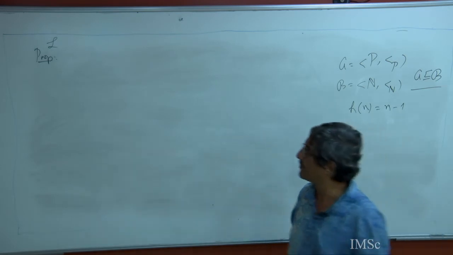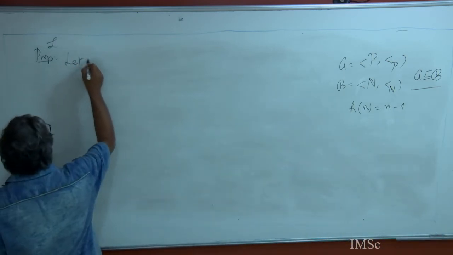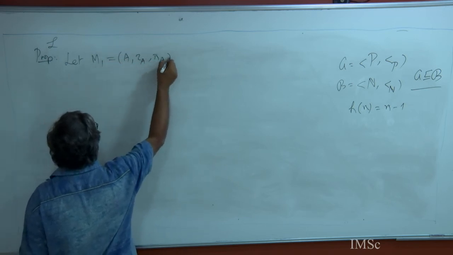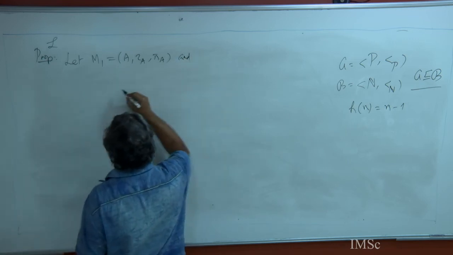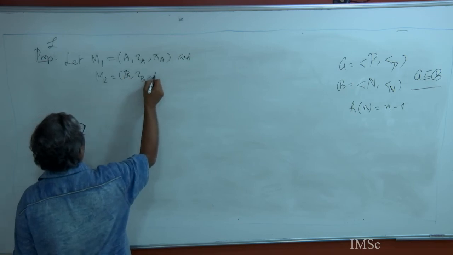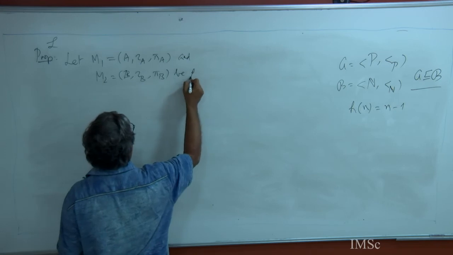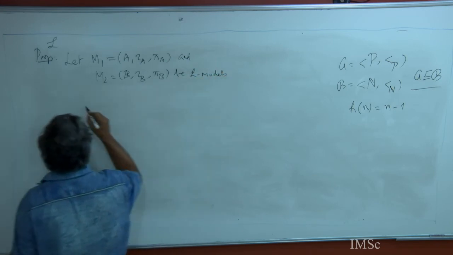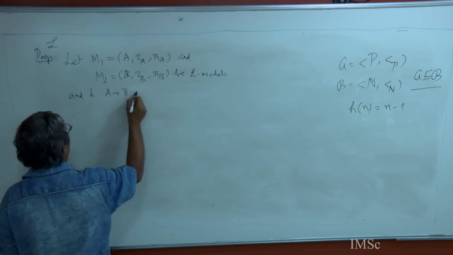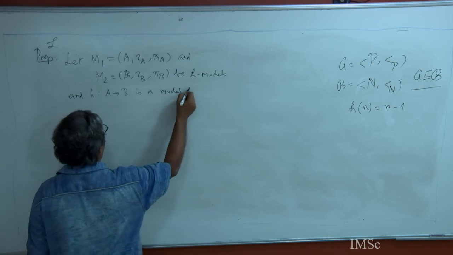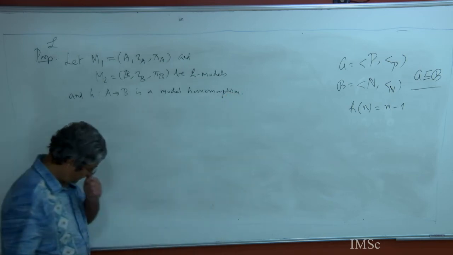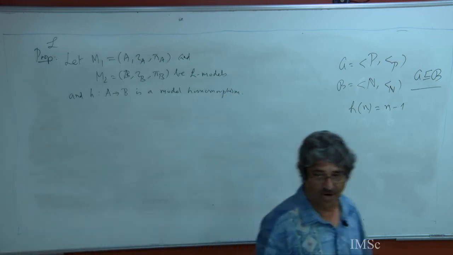So let M1 = (A, I_A, π_A) and M2 be L-models and h a model homomorphism.